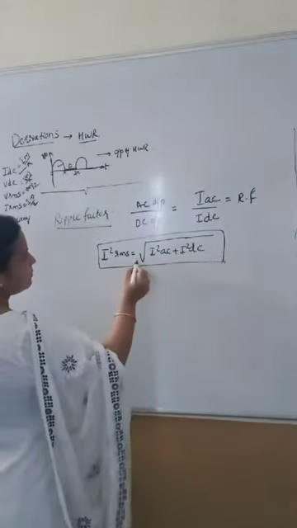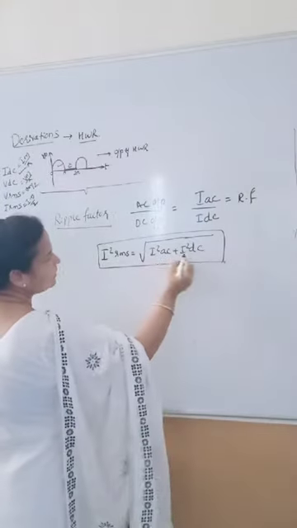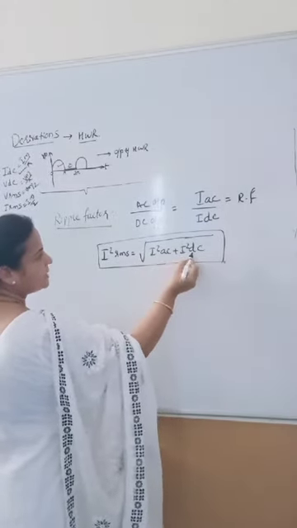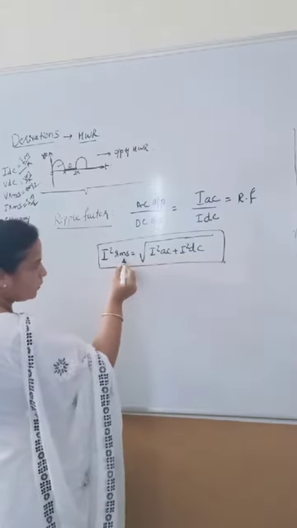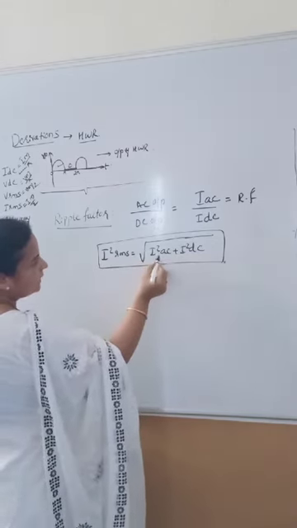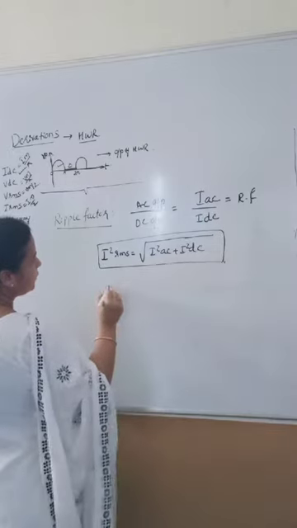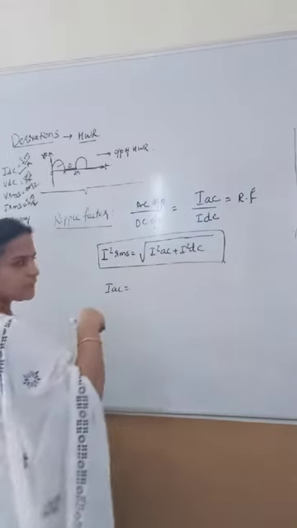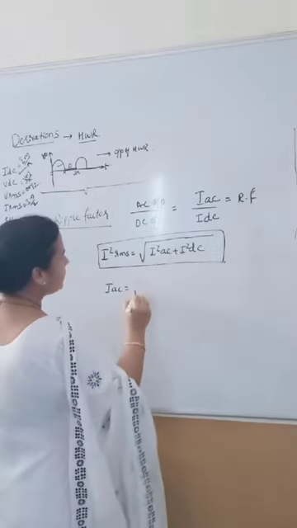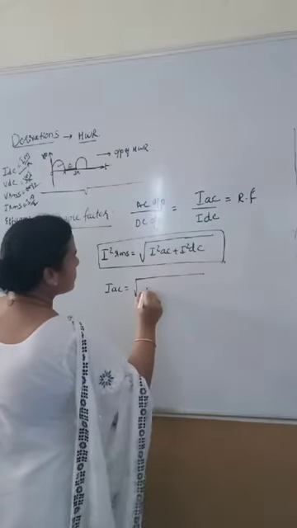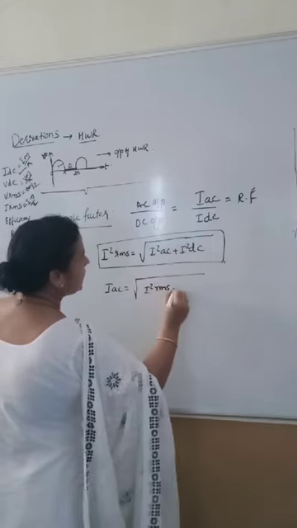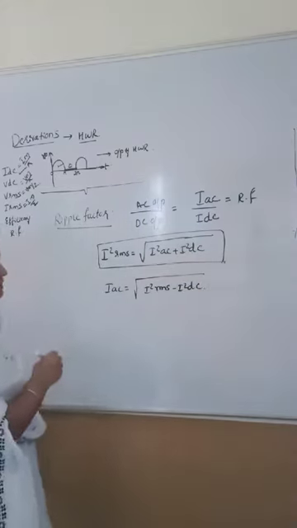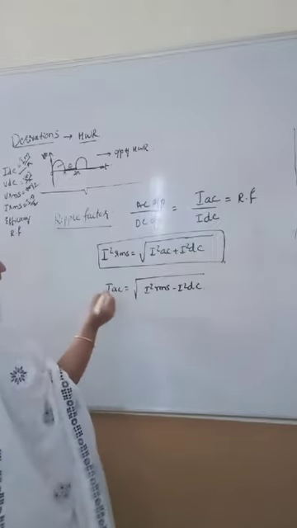This is the AC value of a current, DC value of a current, RMS value of a current. Now I'll take what IAC is equal to. If you take I square AC out, IAC is going to be root of I square RMS minus I square DC.